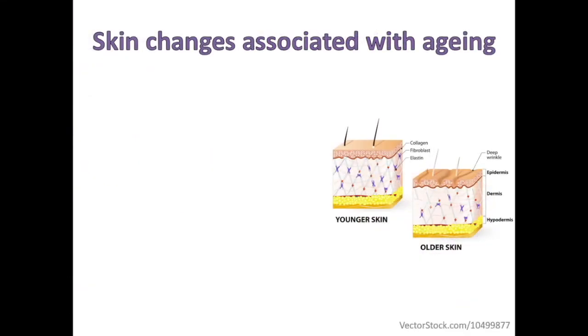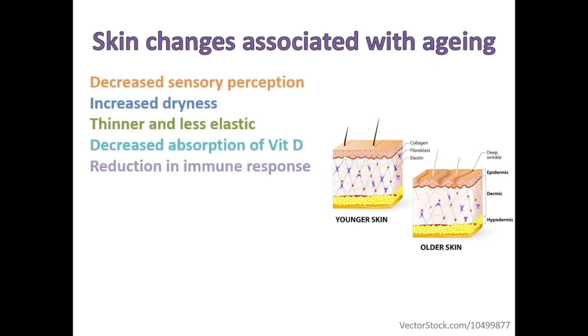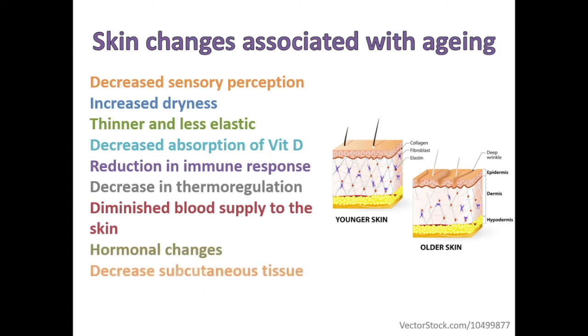The last slide we discussed normal skin functioning, but what about the changes when we start to get old? So we can see here a few on the screen, and some of these might include decreased sensory perception, so the older person might possibly not realize they've injured themselves.